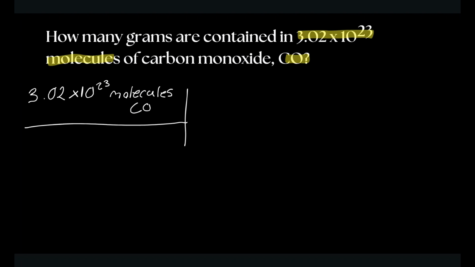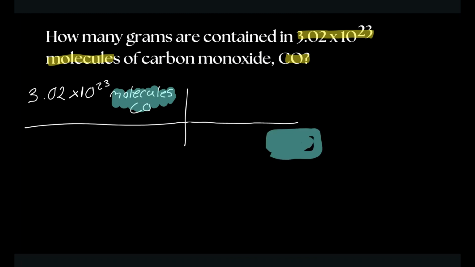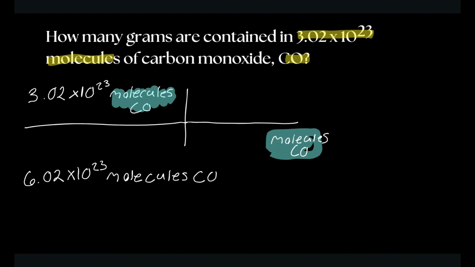Setting this up, we have the molecules of our CO on top, which means we are going to have the molecules of our CO on the bottom. So this will be our molecules of the carbon monoxide. Now, with the molecules, we are going to need Avogadro's number, 6.02 times 10 to the 23rd molecules of our CO equal to our 1 mole of our carbon monoxide.